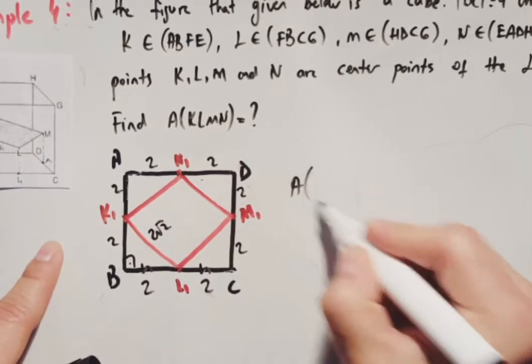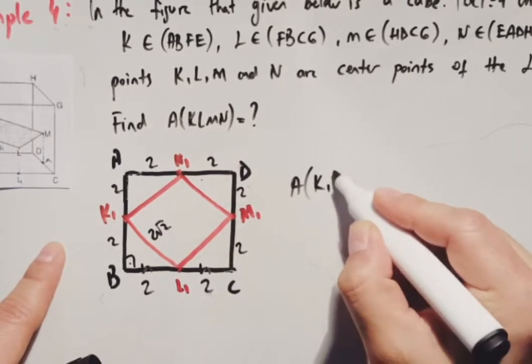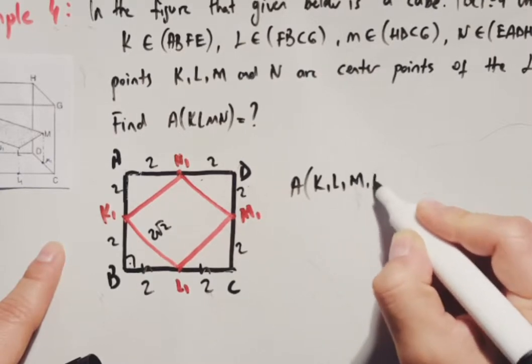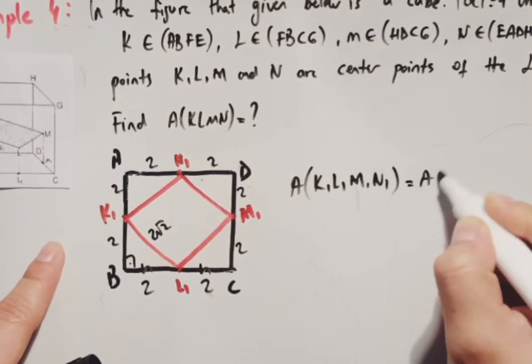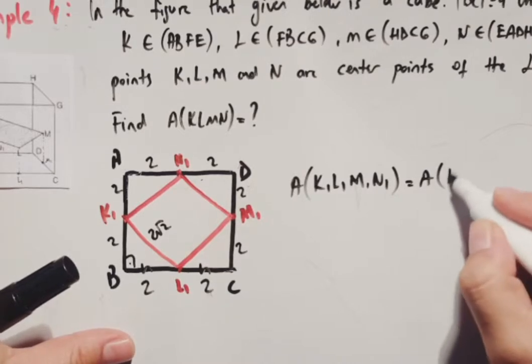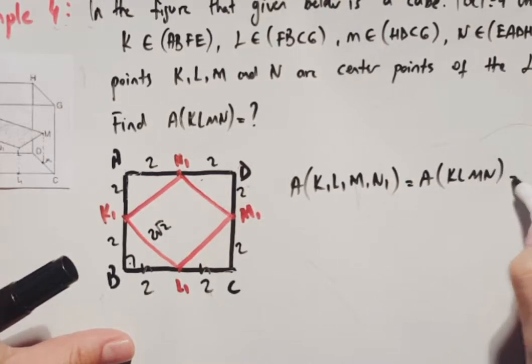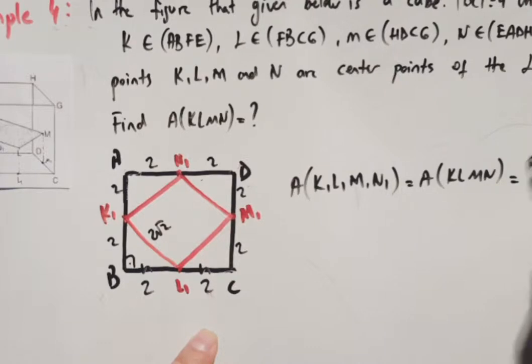So how can we find the area of K1L1M1N1? By the way, it is equal to the area of KLMN, which is 2√2 squared, because it is a square. How can we find the area of a square? We take the square of one side. 2 squared is 4, √2 squared is 2, 4 times 2 is 8 unit square.